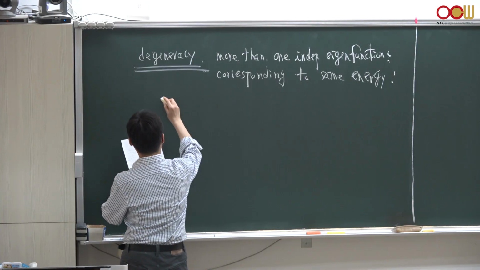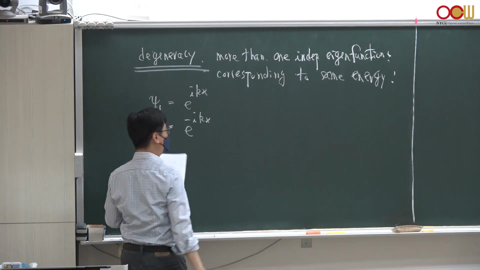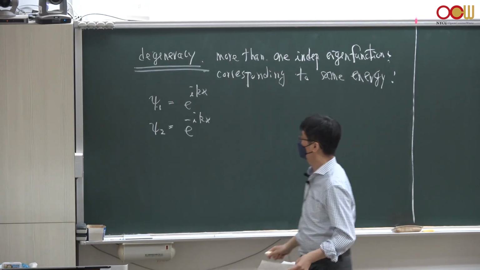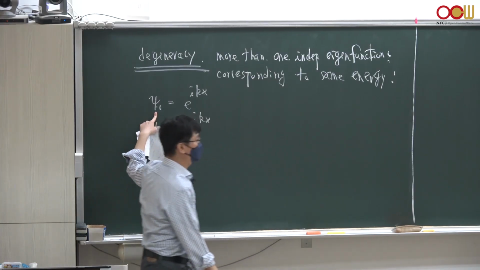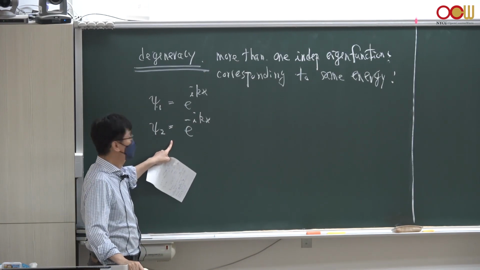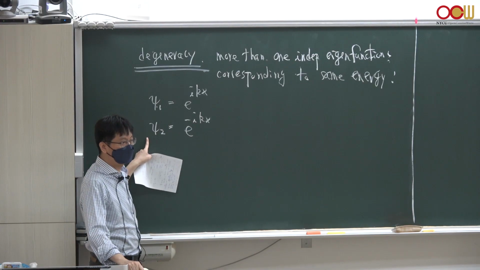So take a very simple example that we just mentioned. Suppose we have two free particles, say moving to the right, I call this psi 1, and moving to the left, e to the minus ikx, I call this psi 2.